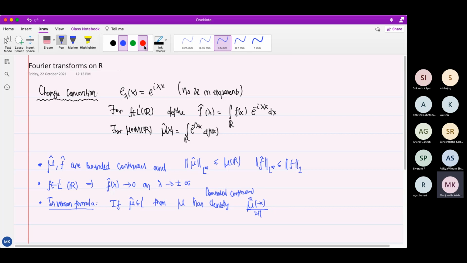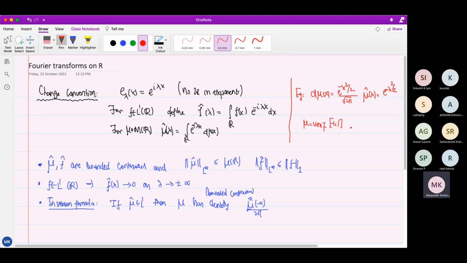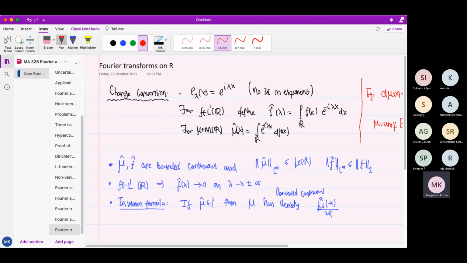Okay, by the way, it is now true what I had said earlier, but the examples that I gave: if mu is the Gaussian measure, then mu hat of lambda is e to the minus lambda square by 2. That is true. And for uniform on minus 1, 1, last time I had sine 2 pi x over 2 pi x.